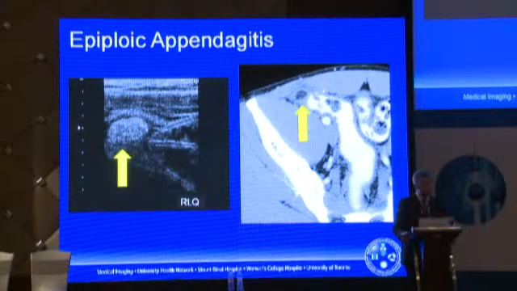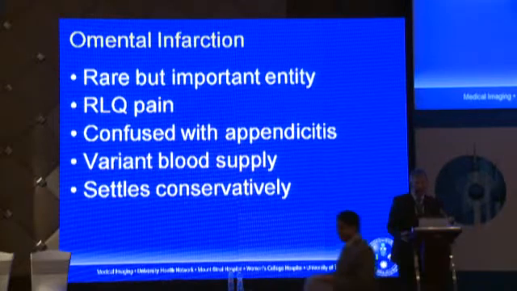We did ultrasound and we saw this little echogenic nodule coming off a bowel loop. We pretty much knew what it was, but for some reason the patient went on and had a CT, which nicely shows this epiploic appendicitis at the deep inguinal ring.